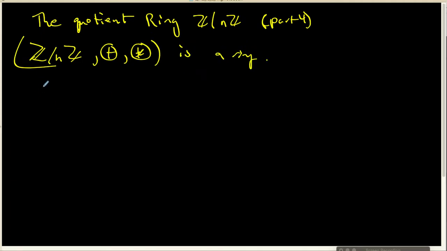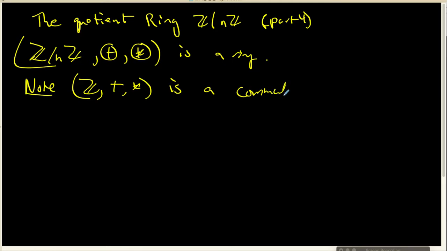Now, in this particular video, I want to make a note that I know that Z itself is a commutative ring with a multiplicative identity. And it turns out that because Z is a commutative ring with a multiplicative identity, the quotient ring is also going to be a commutative ring with identity. So we're simply going to state that right now.